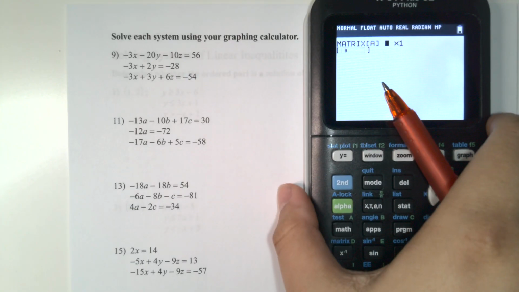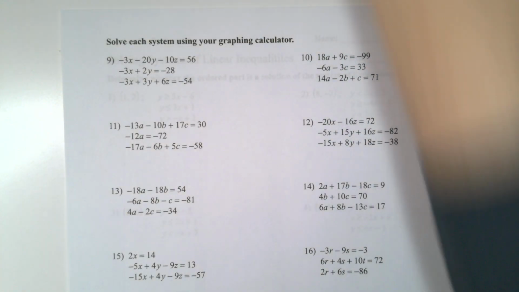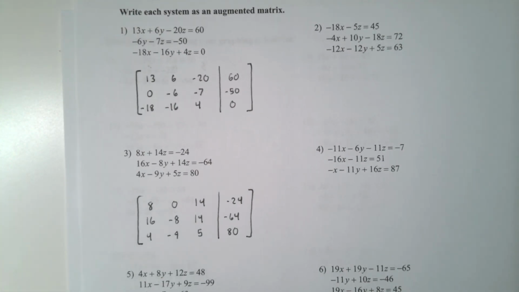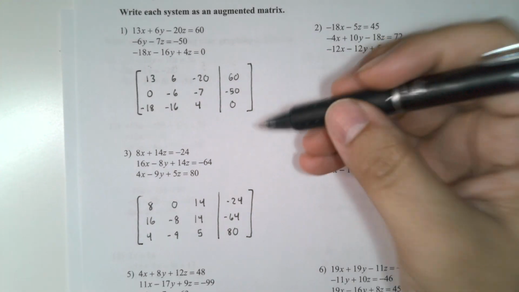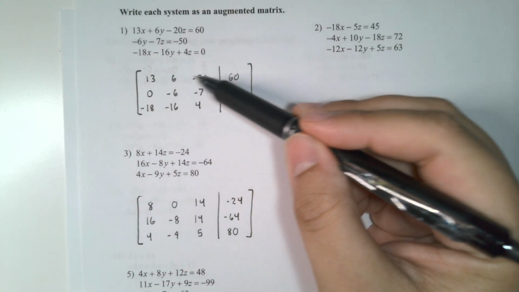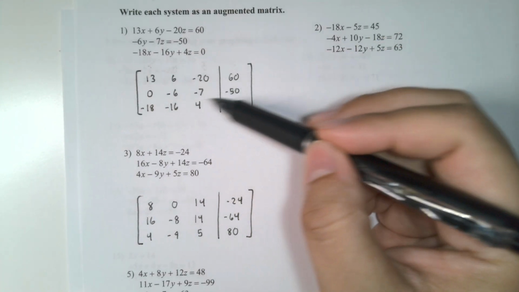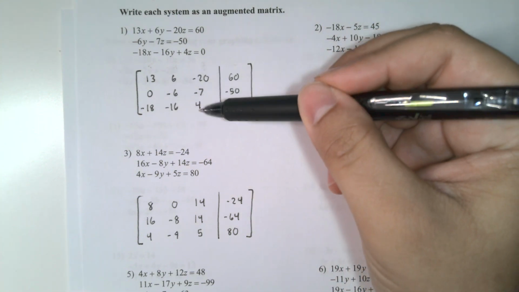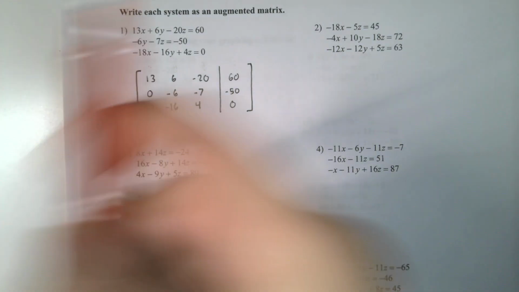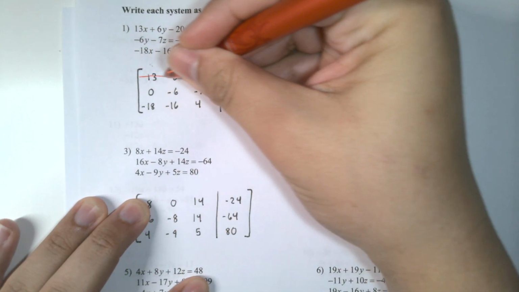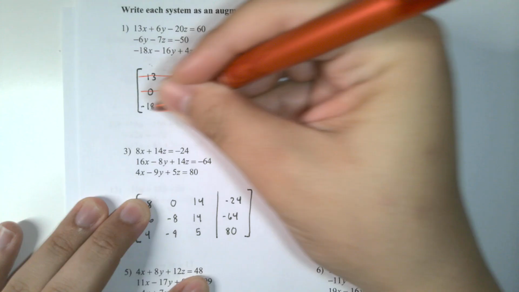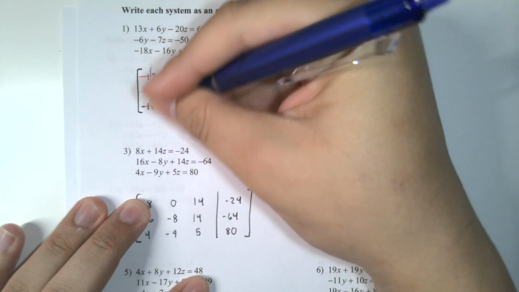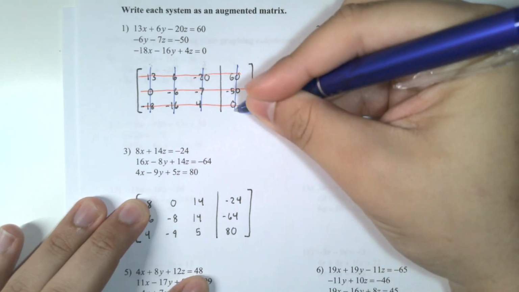Next, we need to define the matrix dimensions. So if we go back to this first page for a second, we have to know what the dimensions of each of these matrices are. Notice that we have 3 rows, 1, 2, 3, by 4 columns, 1, 2, 3, 4.